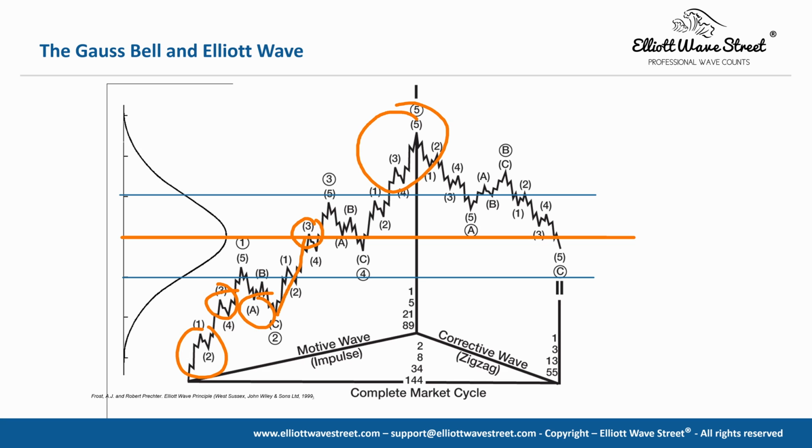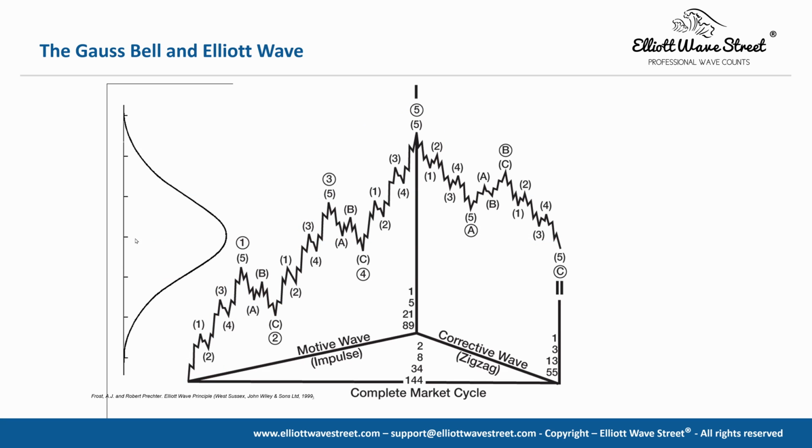So remember, the point of control is where we have the most data in any series of data, the average, and is the fair price, and we call it point of control in the volume profile.